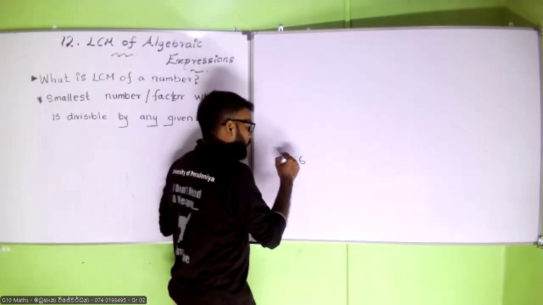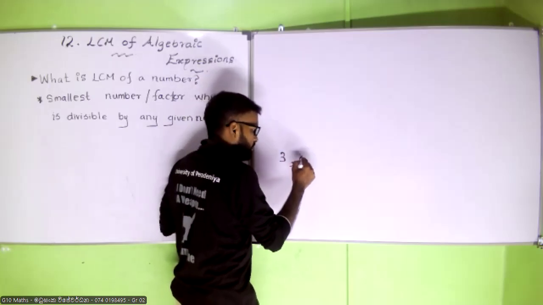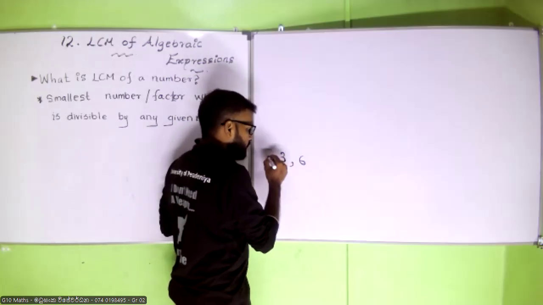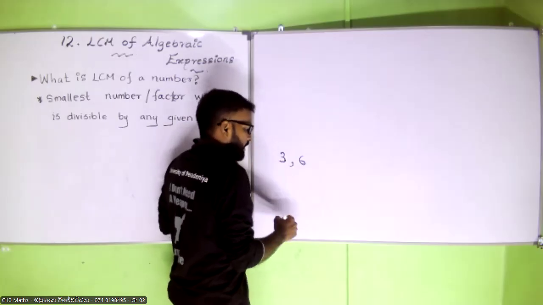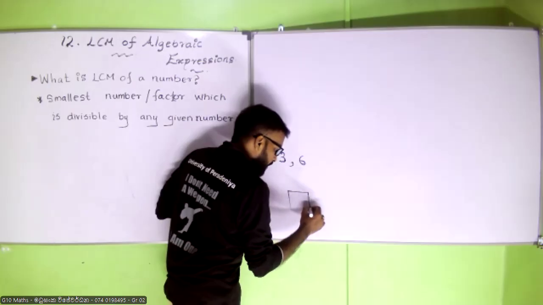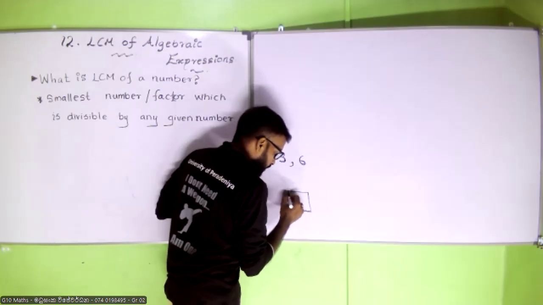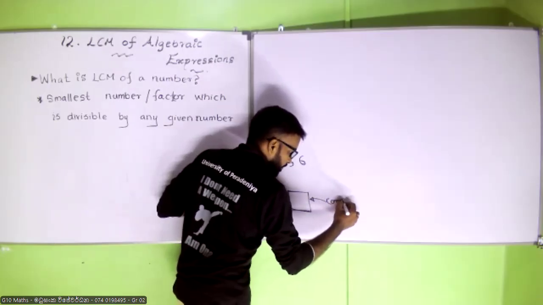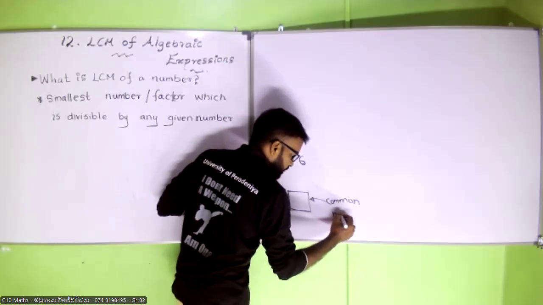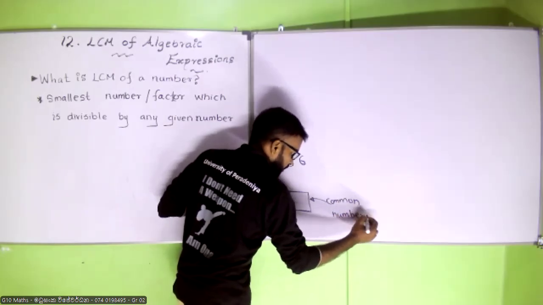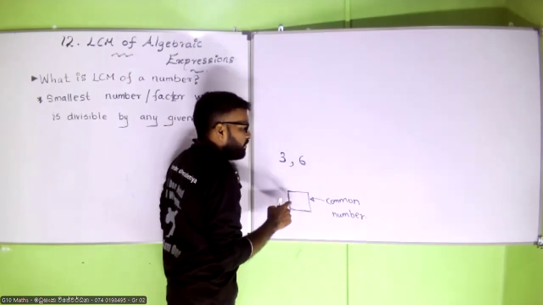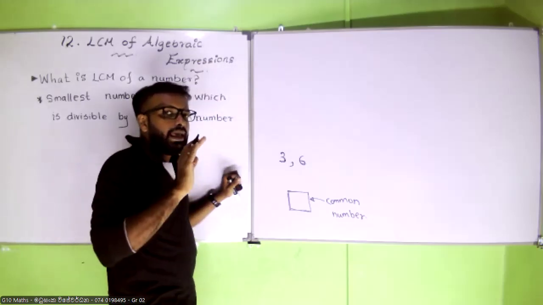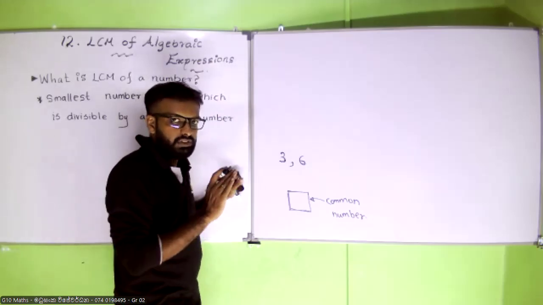By taking 3 and 6, we are going to find a common number for 3 and 6. This common number should be divisible by 3 and 6 without any remainder, with zero remainder.